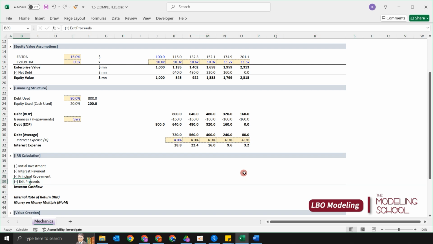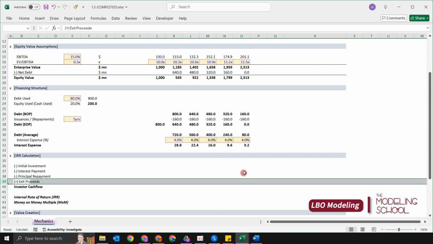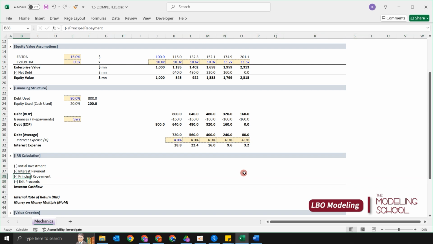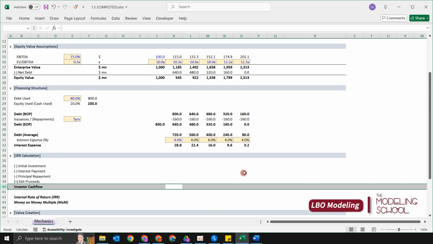Exit proceeds can be proceeds from selling to another company, from going to an IPO and selling stakes publicly, or from a dividend recap. We're going to cover those exit strategies in a moment, but exit proceeds is the cash inflow from the investor's perspective.